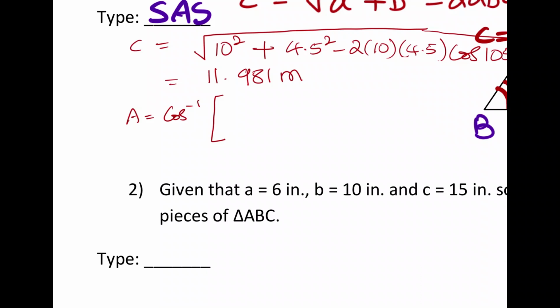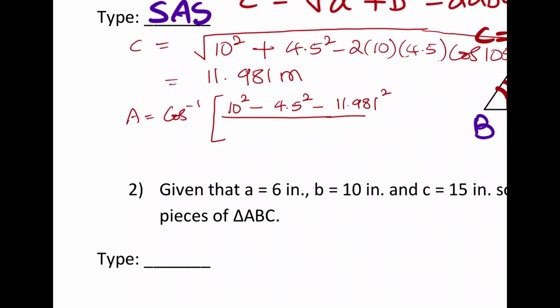And inside, in the numerator, we are first writing down a squared. In this case, a is 10, so you have 10 squared, minus b squared, but b is 4.5, so 4.5 squared, minus c squared, and we have just calculated c and we got 11.981. So 11.981 squared.